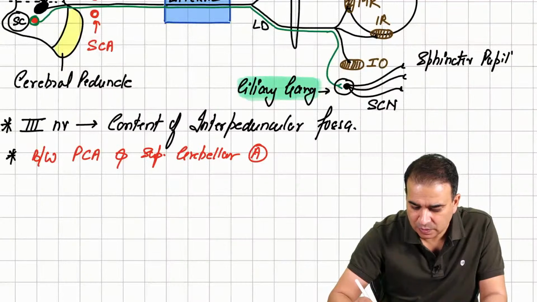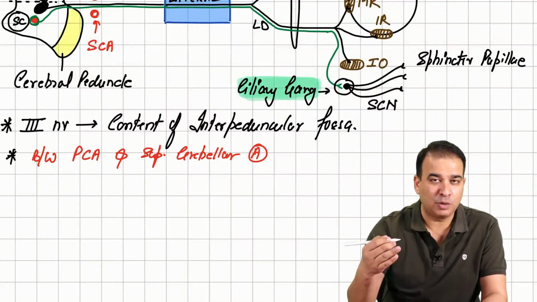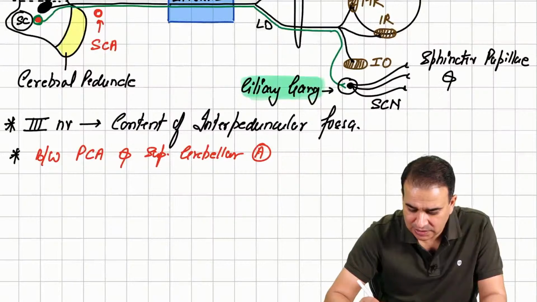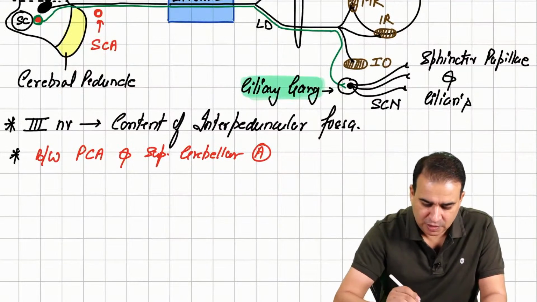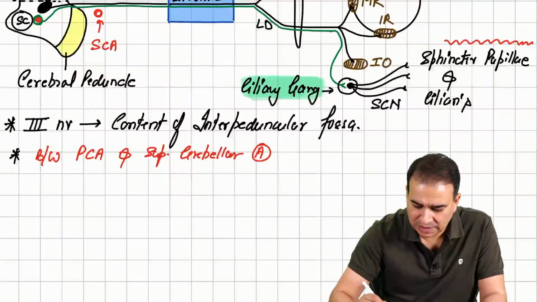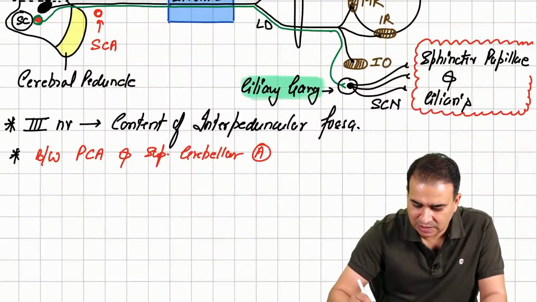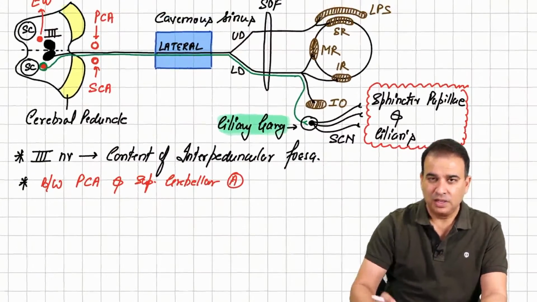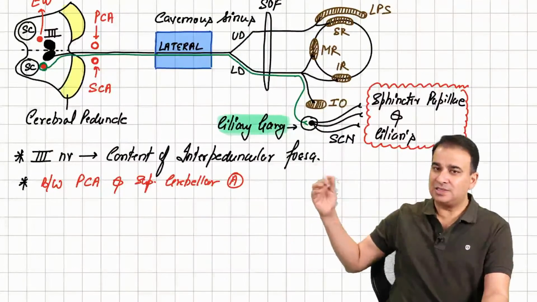The smooth muscle. Well, we know that the Edinger-Westphal job is to supply the smooth muscle only. So that supplies sphincter pupillae and ciliaris muscle. This is how the smooth muscles are supplied, guys. Fibers of the Edinger-Westphal run with the third nerve, then go with the lower division, then go to the ciliary ganglion.